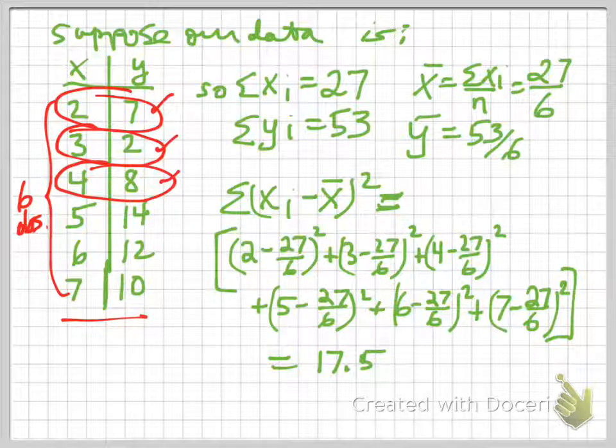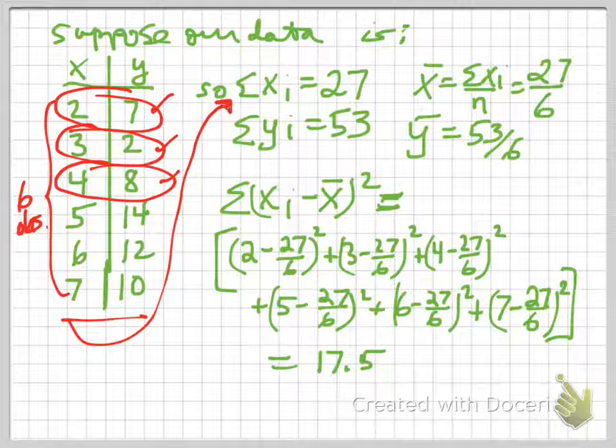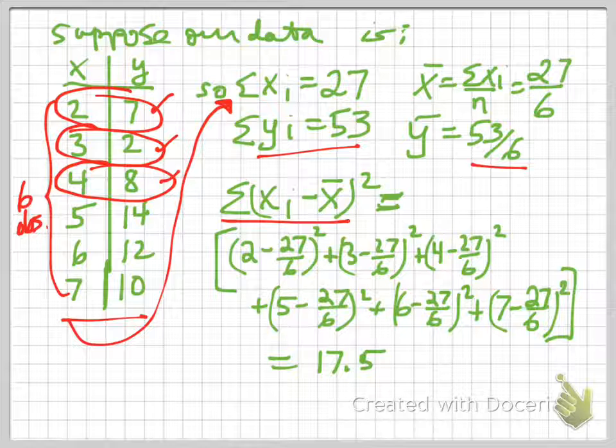We add up all the x's, and we get the summation of x is 27, divide that by 6, we have 27 over 6. We add up all the y's, and divide by 6, we get the mean of y. We add up the xi minus the mean of x, and take the square of that. So what does that look like? Well, the first observation of x is 2, so 2 minus the mean of x, which is 27 over 6, squared.